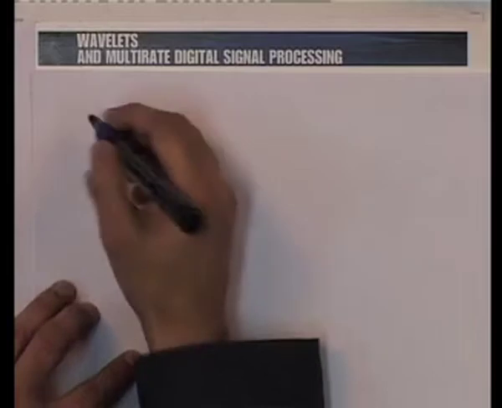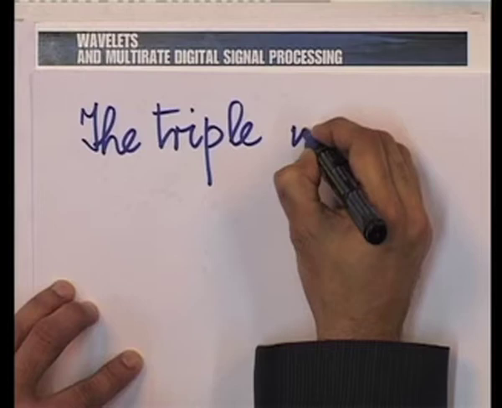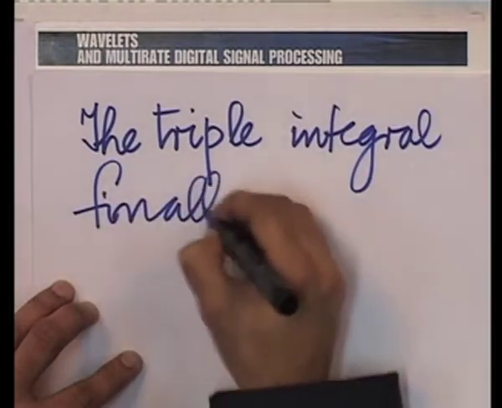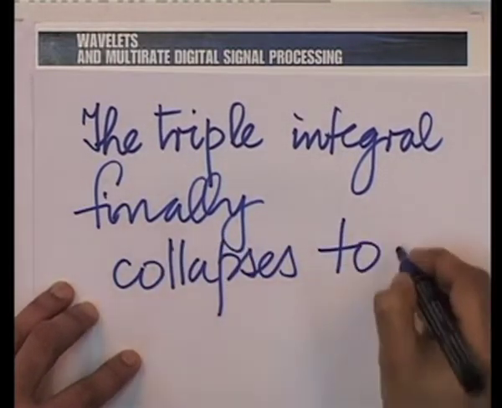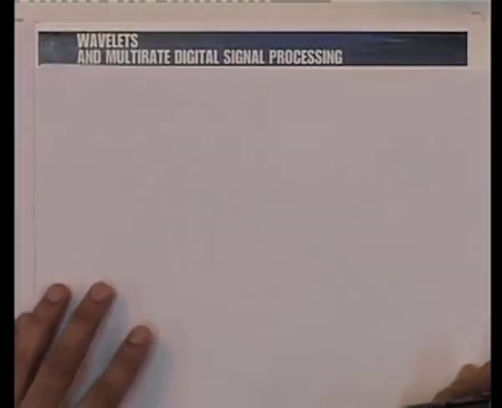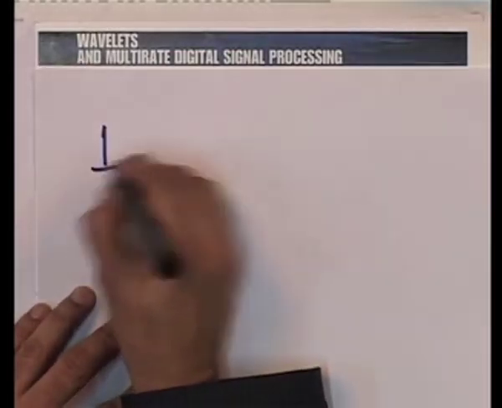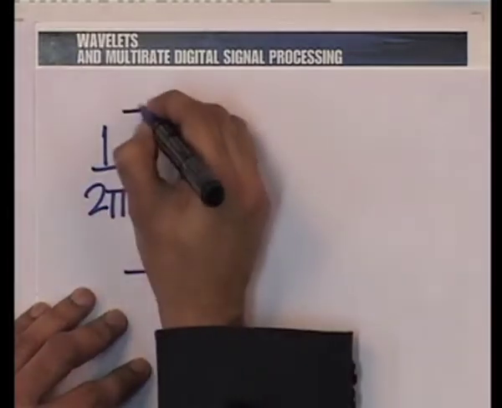So, what we are saying in effect is the triple integral finally collapses to some constant multiplied by the following.